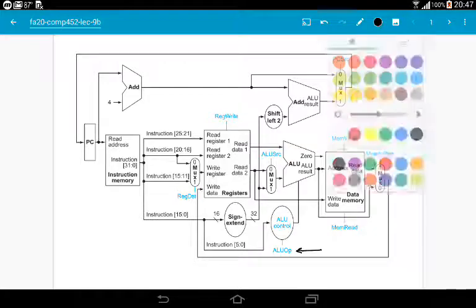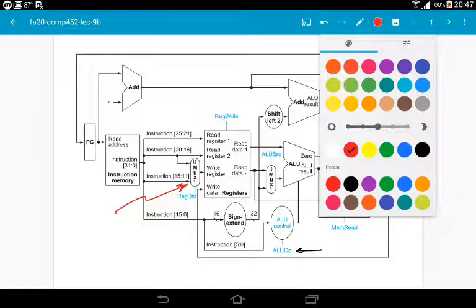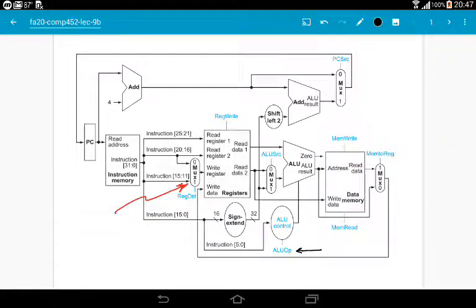Now this is a mux that I forgot to mention while we were developing the data path. What is this mux doing? Look, there are 2 inputs.